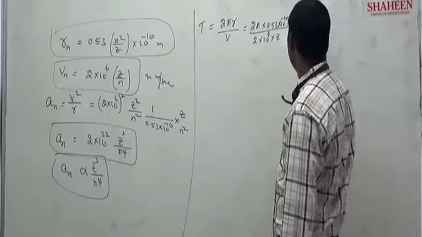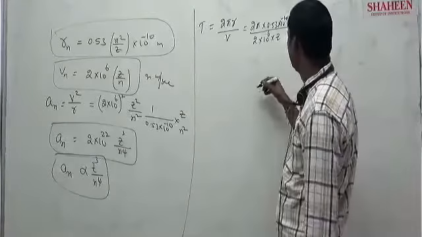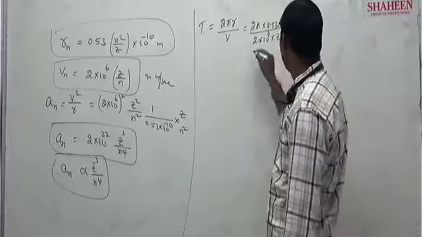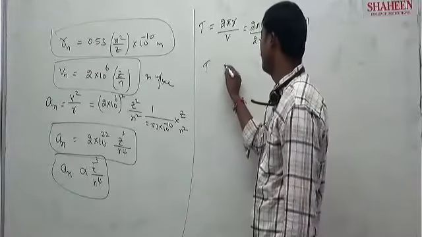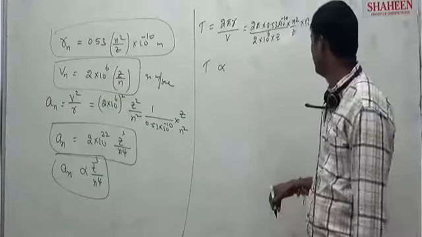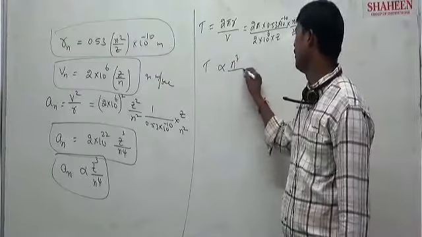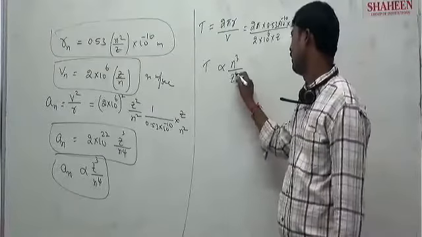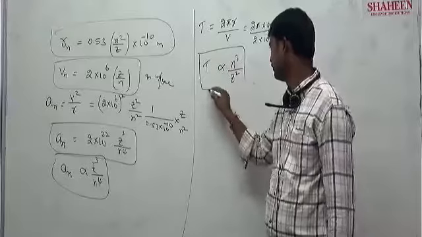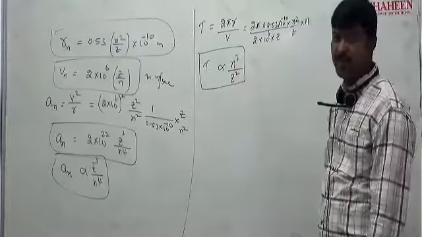Z by n will go up. Correct. So something cancels out, and T is directly proportional to n square into n, that is n cube by z into z, z square. Remember this. This is the time period.